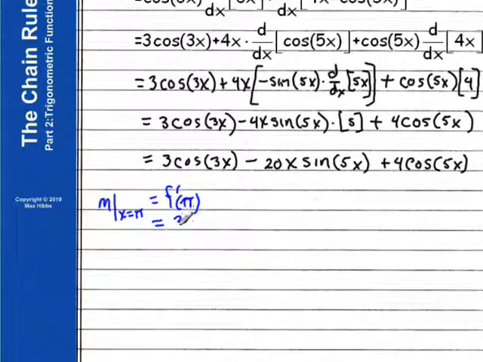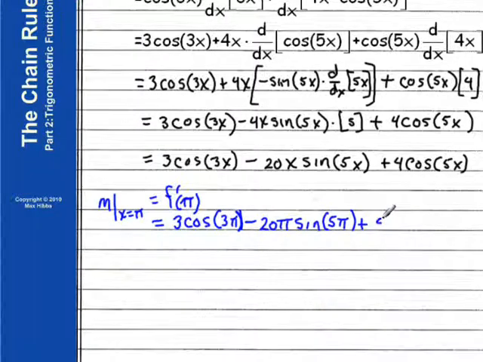So this becomes 3 times the cosine of 3 pi minus 20 times, now our x value is pi, so 20 pi times the sine of 5 pi plus 4 times the cosine of 5 pi.